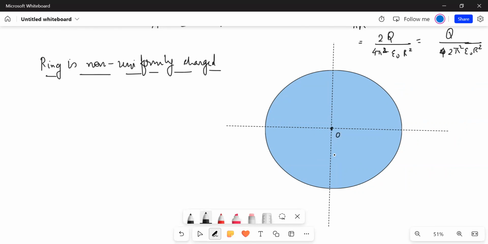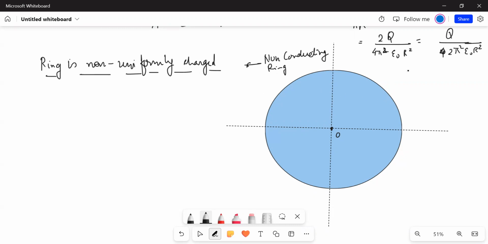Given that this particular ring is a non-conducting ring, so let us take that this is a non-conducting ring. This you'll understand later on. I'll teach you conductors, because in conductors the charge gets uniformly distributed. So if I'm taking a non-conducting ring, that implies that charge would be non-uniformly distributed.